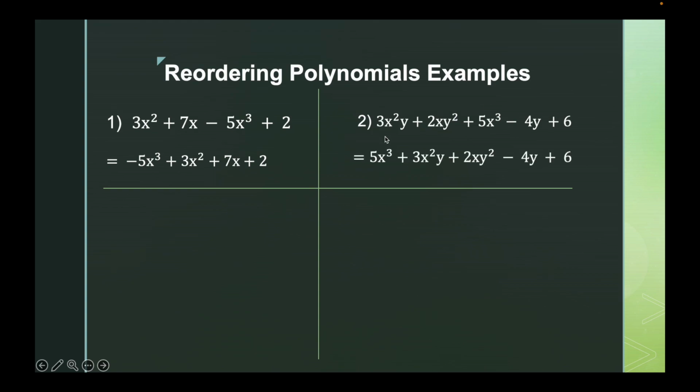The correct way of doing this could be argued by many people, and that's fine, it depends. I prefer putting the 5x to the 3 here because it is its own variable with its own 3 as the exponent or the degree. Some people might say that the way I wrote it up here is correct because we do have a degree of 3 in each of these, and some people might want to prioritize the two variables first.